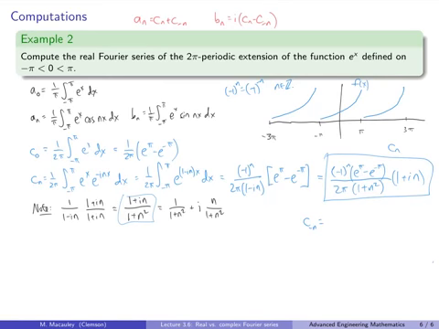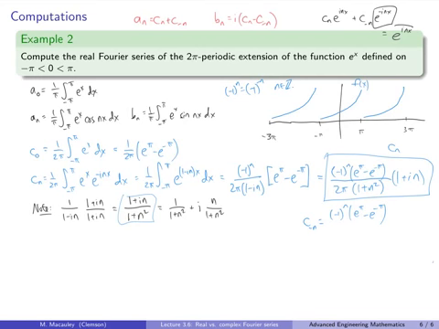Anyways, so C minus n is negative 1 to the n times e to the pi minus e to the negative pi. And I'll give you a hint for that. If you think about the complex Fourier series, we have Cn times e to the inx, and then we have C minus n times e to the negative inx, and notice that this is equal to e to the inx, just the complex conjugate of that.